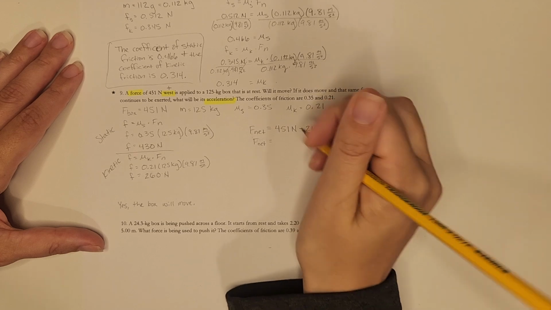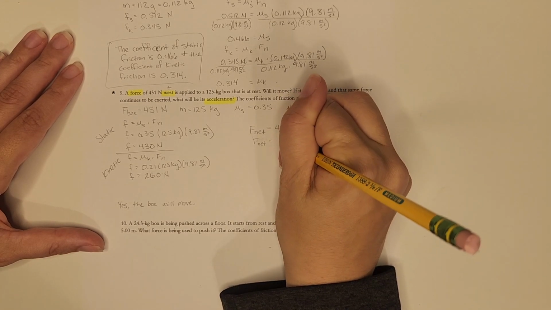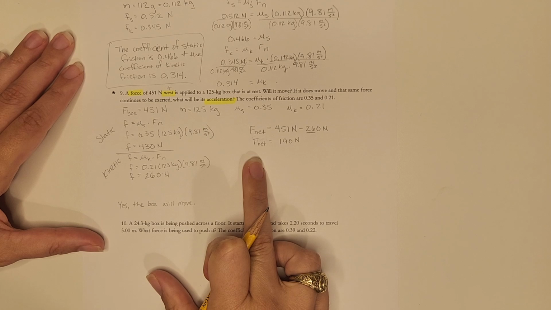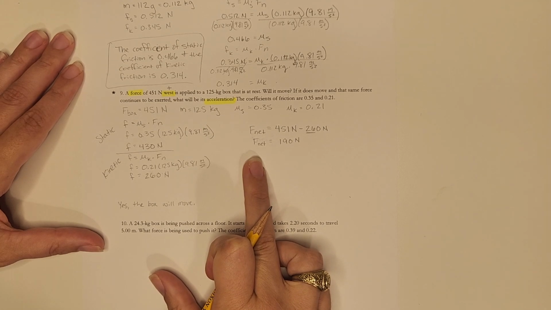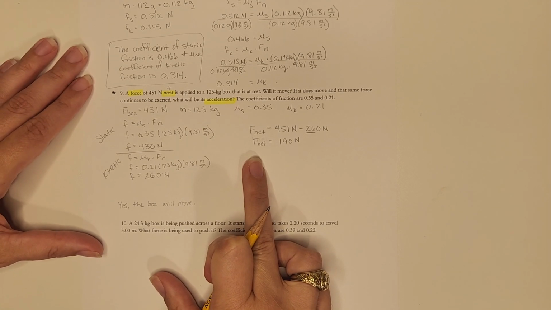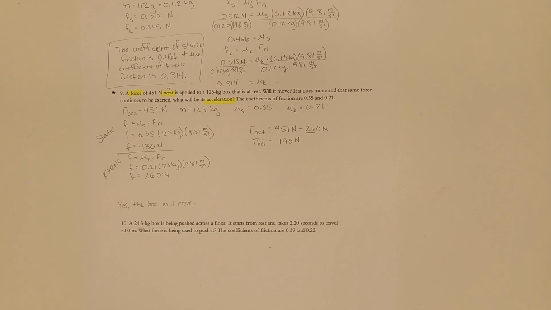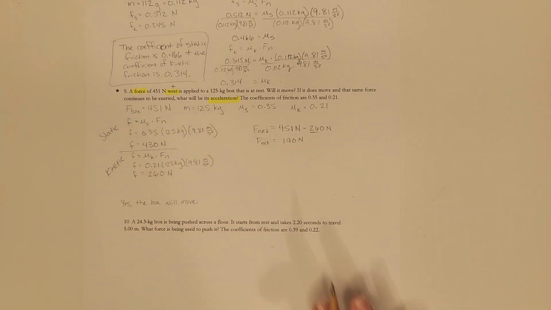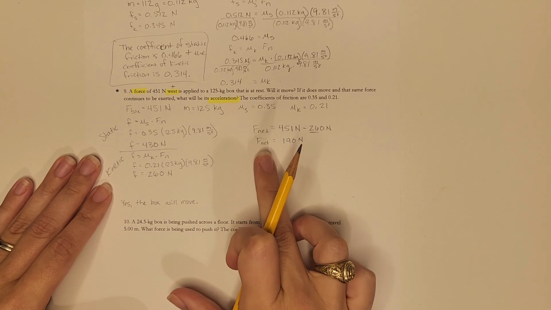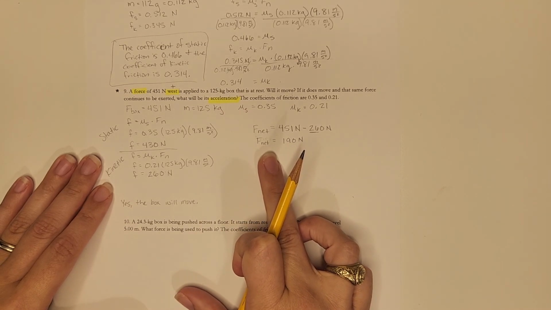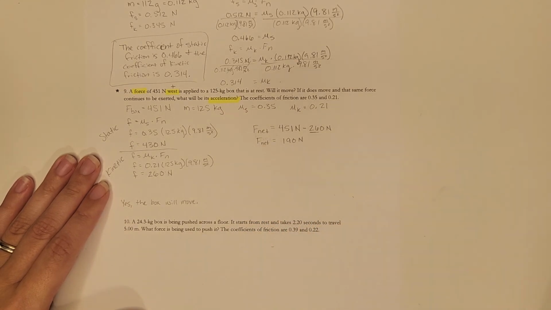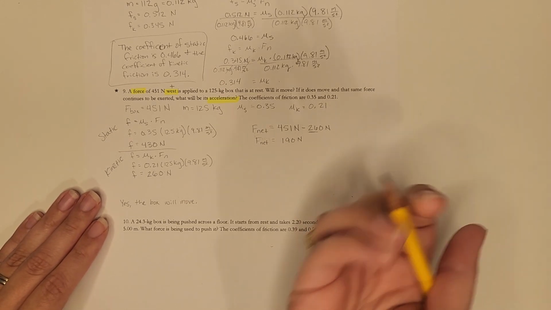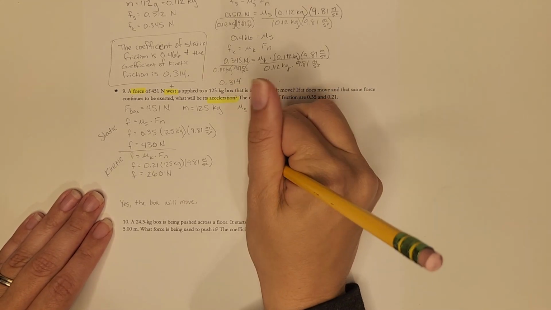So it rounds to 190 newtons as the net force that has been applied to the box. I'm still not answering the question, right? But now that I have a net force, I can use it to determine the acceleration the box is undergoing.